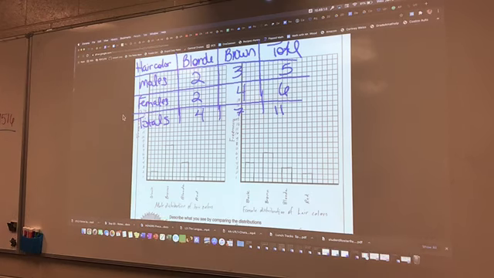Yes, gotcha. Are we gonna do like one-way table? No, I don't think I see one on here. I mean, it's kind of like what we did at the very beginning when we did the frequency table.